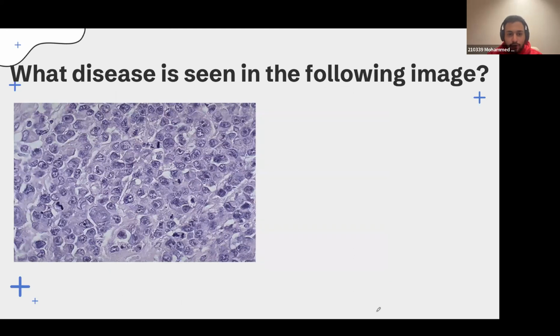Now the next thing is this: what disease is this? Anaplastic T cell lymphoma. Good. Okay.